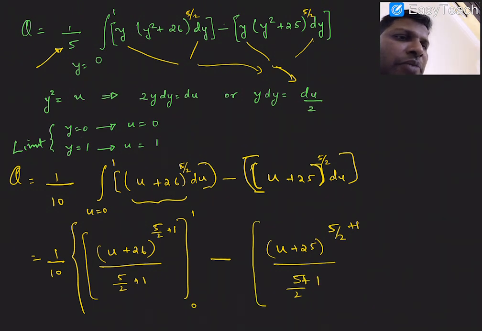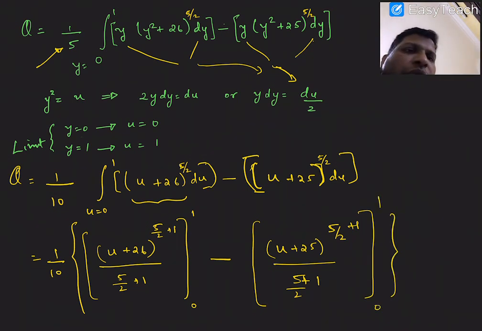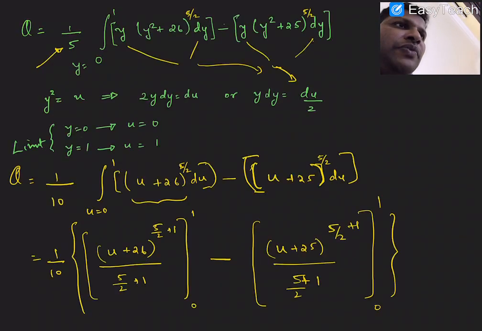Then you have to put the limit 0 to 1, okay. So this is what we are going to get. Now you will get q is equal to 1 over 10, okay. Then 5 over 2 plus 1 becomes 7 over 2.